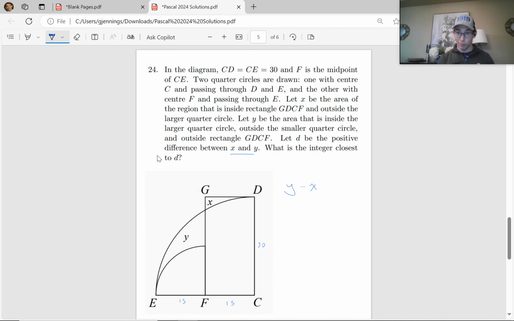So I'm pretty sure we're looking for y minus x, not x minus y. So what can we do? Well, finding the area of that weird kooky shape is tricky. I agree, it's tricky. Okay, so let's see what we can do.